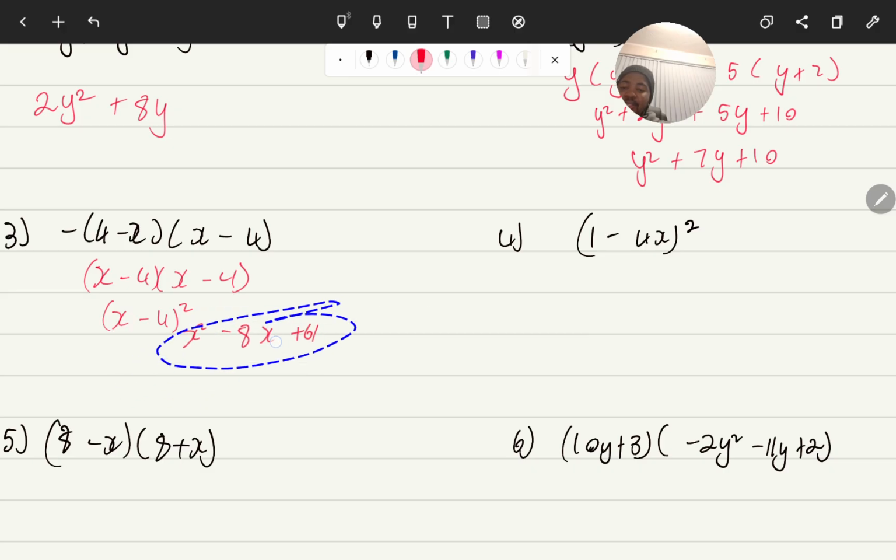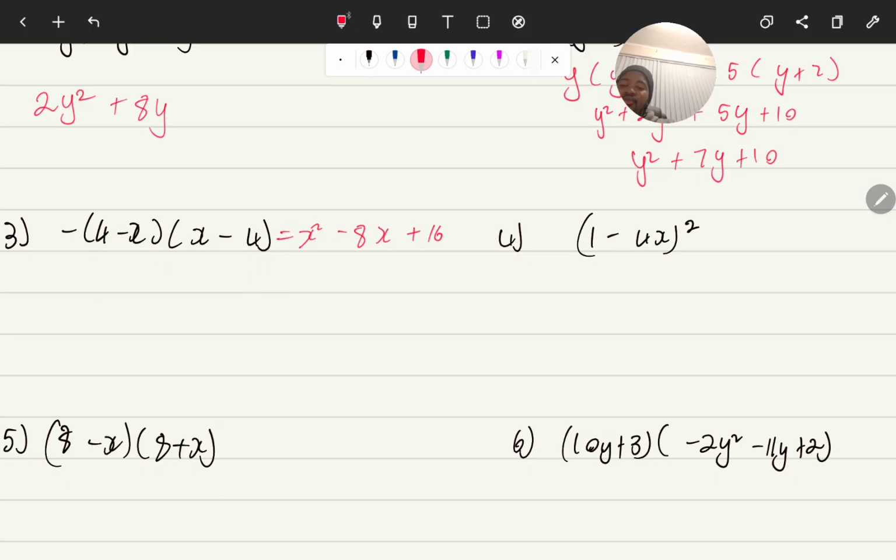Wait, cool, I'll fix it. So now what I'm gonna do is I'm gonna say I have a negative here, and then I have a 4 into x minus 4, then I have minus x into x minus 4, right?